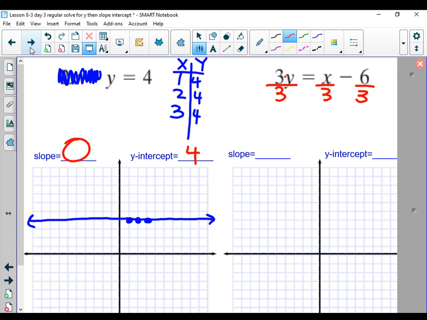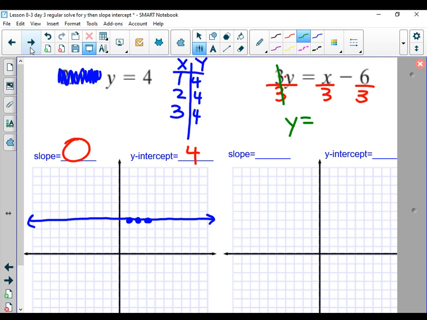Three divided by 3 is 1. It hides. X divided by 3. Allison? What is that? Tricky one, isn't it? Bryn?